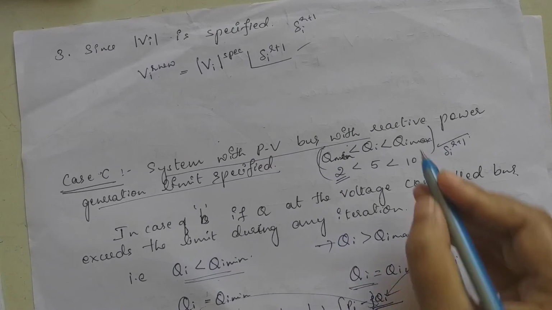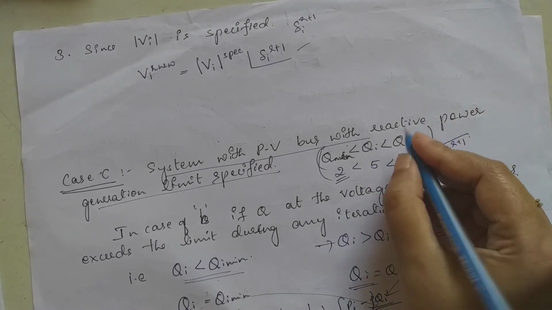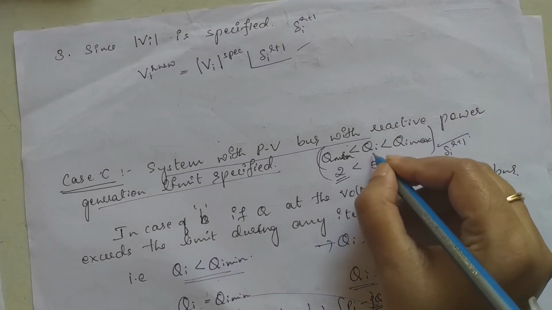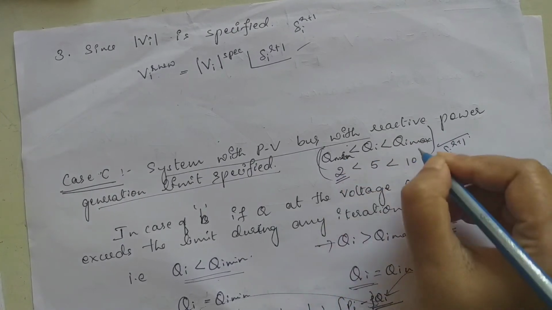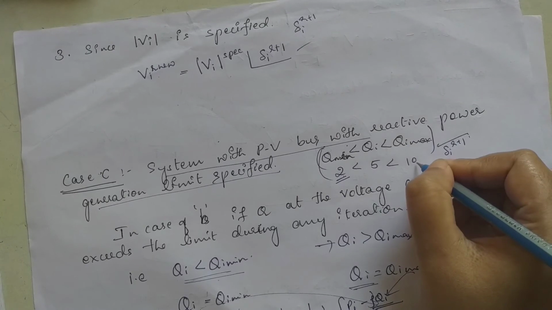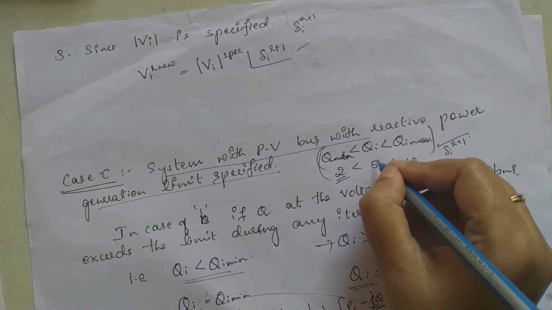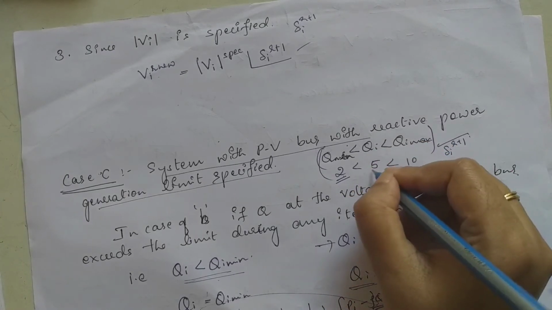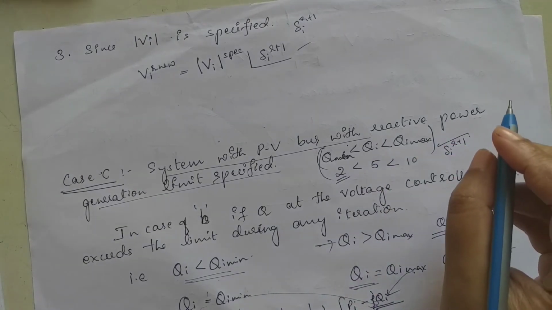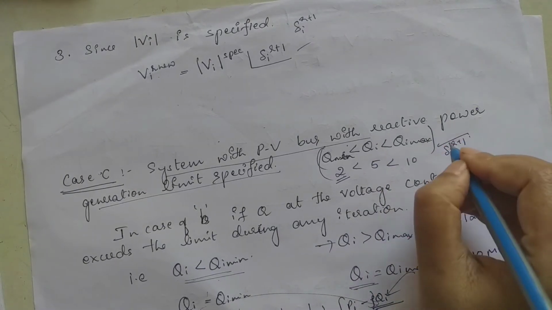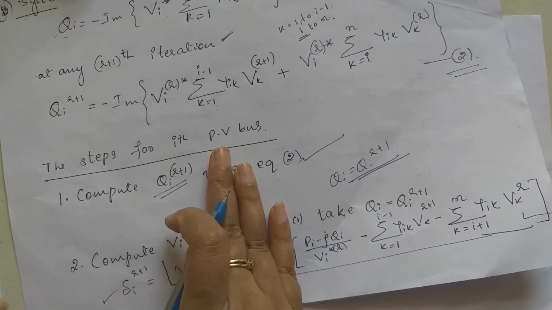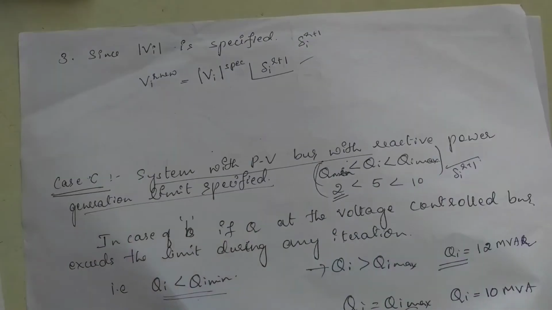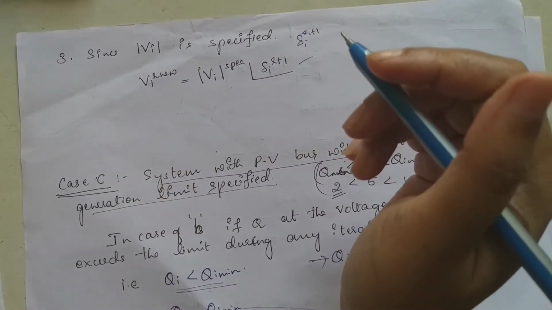Suppose, for example, Qi minimum is 2 MVAR and Qi maximum is 10 MVAR. If we get Qi in between these two, say 5, then no problem. Calculate Qi, then calculate delta i, then calculate Vi r new.